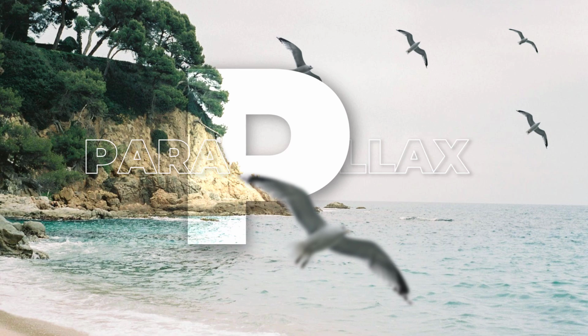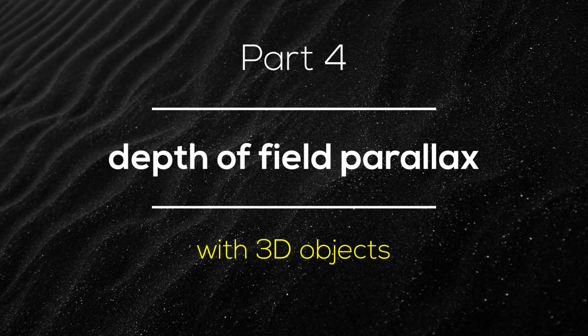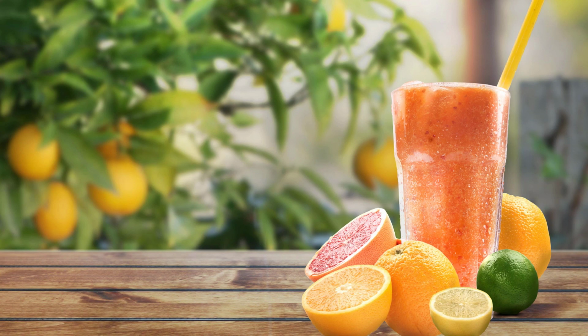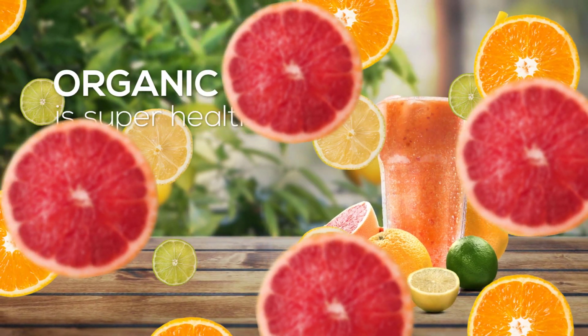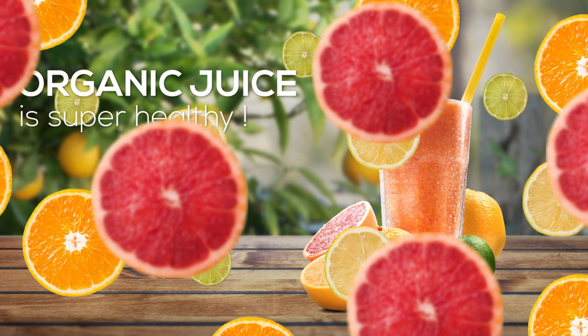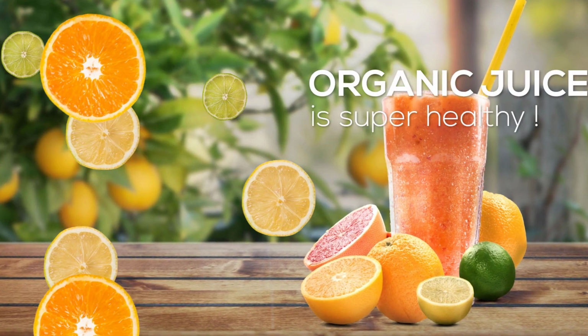Let's move on to the second part of the tutorial, which is depth of field using 3D objects. So let's take a closer look at the slides. That looks really beautiful.